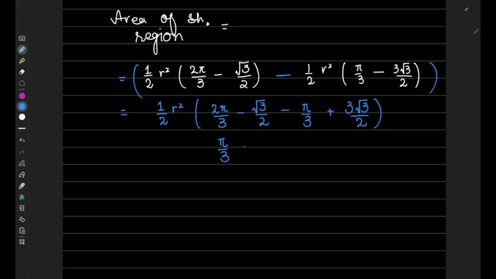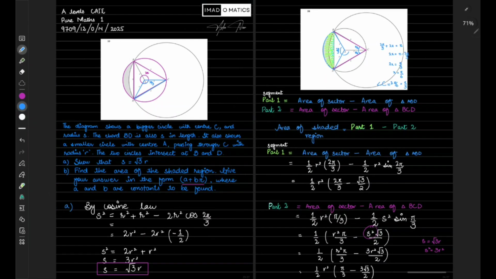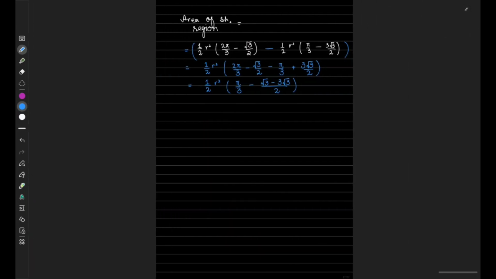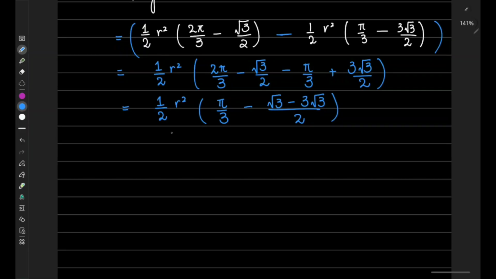Pi over 3, minus common, if I take root 3 minus 3 root 3 over 2, a plus b pi. Okay, minus, plus 2 root 3 over 2.